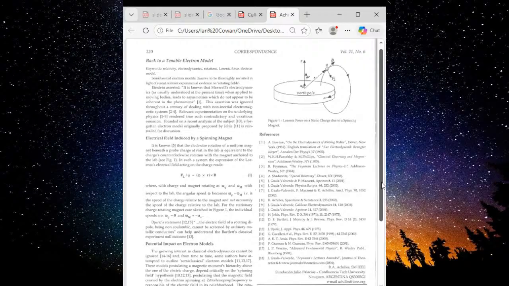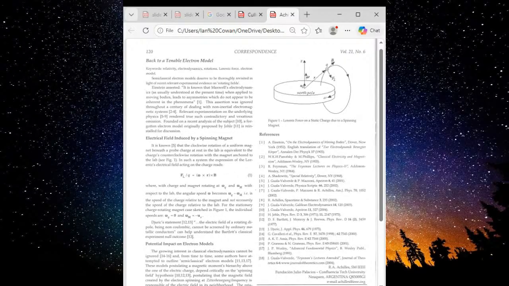But if you introduce this test charge, you see that the spinning of the magnet does generate an electric field, depending on how fast it's spinning. Now, this is related to the Faraday paradox, where he said that if you spin a bar magnet about its axis of symmetry, do the lines of flux rotate or not?